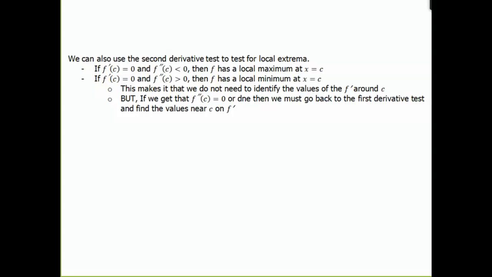So if the sign of the second derivative is negative and the sign of the derivative is 0, then the original has a local max.